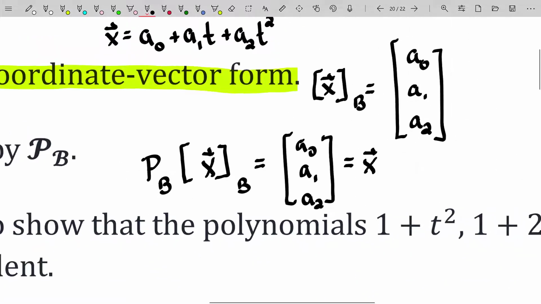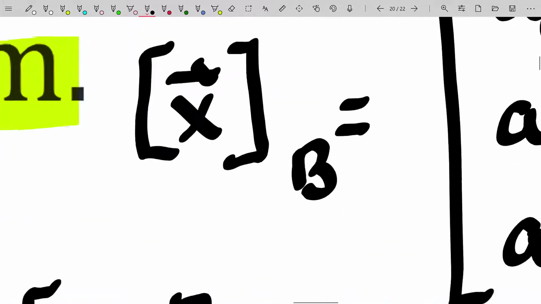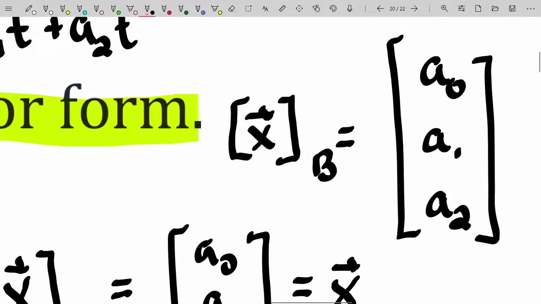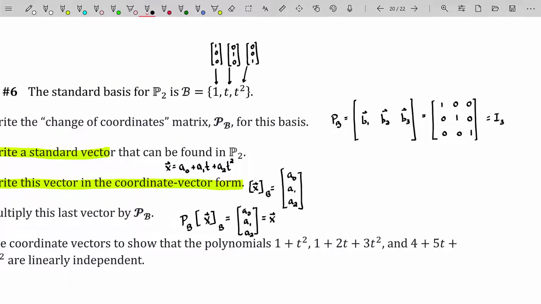Well, the reason why it returns the vector x and the vector x is the same as the B coordinate vector is because our basis that we chose to work with is actually the standard basis for P2. So we literally are saying, hey, change from the standard basis to the standard basis. Well, there's no change when you do that. You're staying within the standard basis.